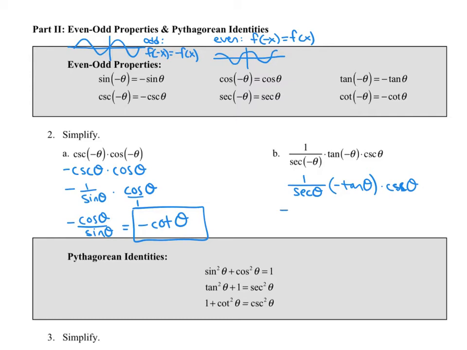And 1 over secant is the same as cosine theta. Tangent theta is sine theta over cosine theta. And cosecant theta is 1 over sine theta. And my sine thetas are going to cancel, and so are my cosine thetas. And we just end up with negative 1.